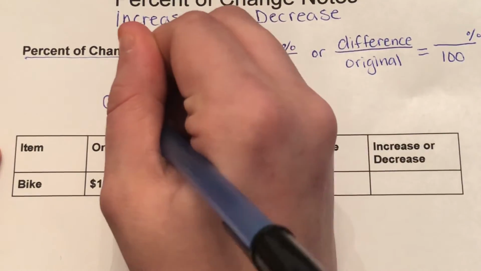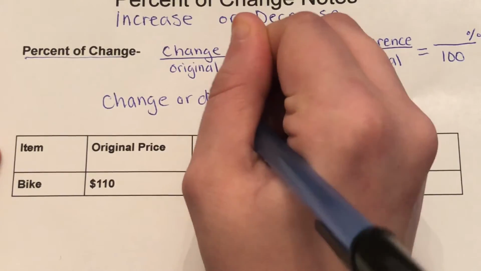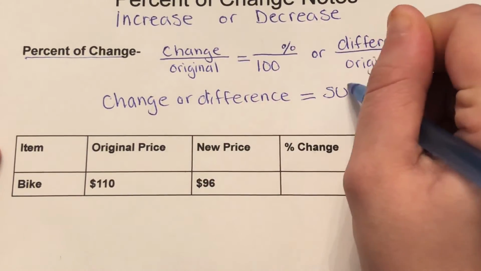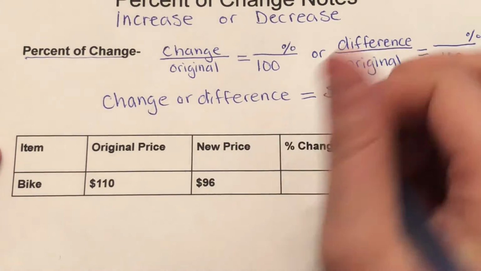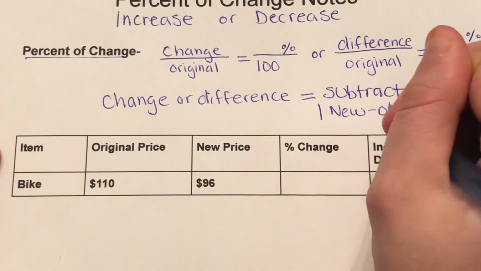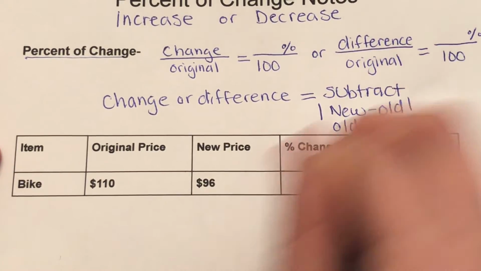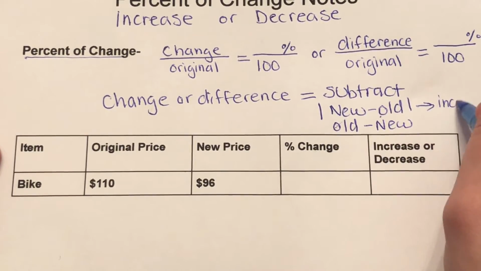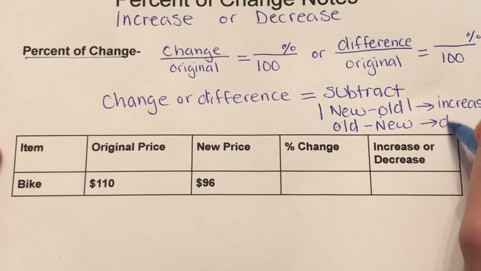So remember, change or difference equals subtraction, and that is either the new minus the old, or the old minus the new. New minus old is an increase. Old minus new would be your decrease.